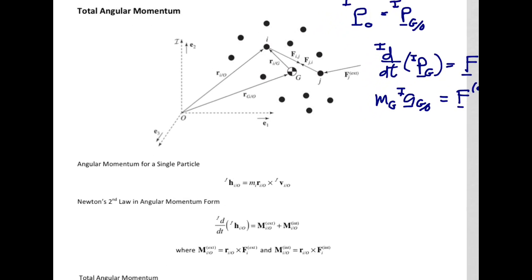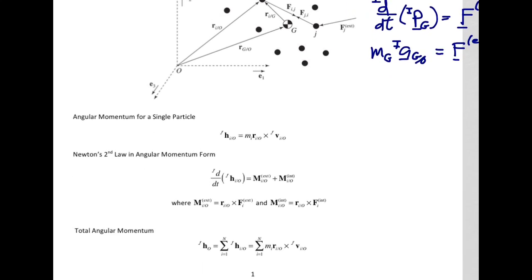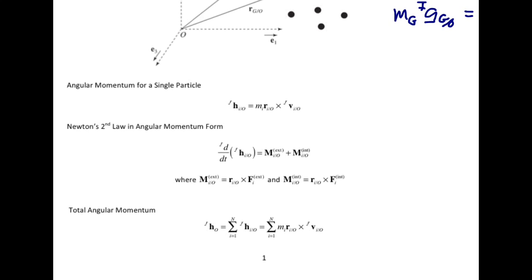So first, let's define total angular momentum. We're going to start by looking at angular momentum for a single particle. We've just written out these equations because all we're doing is taking what we've done for a single particle and applying the notation that we're using now when we're dealing with multiple particles.